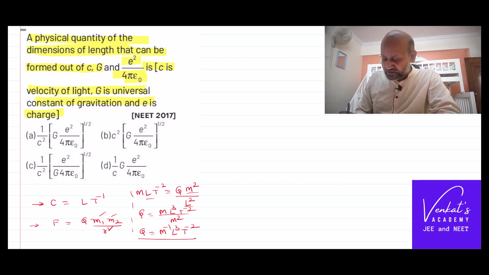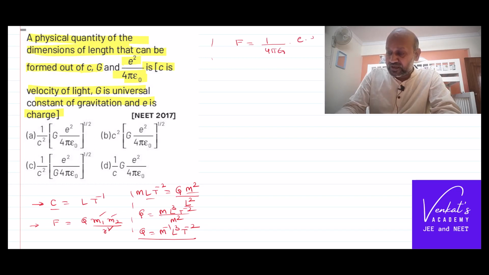Now, I know for G, I know for c. Now, I need to know for one more thing, that is e square by 4 pi epsilon naught. That is again Coulomb's inverse square law, where force between two charges is 1 by 4 pi epsilon naught q1 q2 by r square. If both are electrons, I will get e and e by r square.